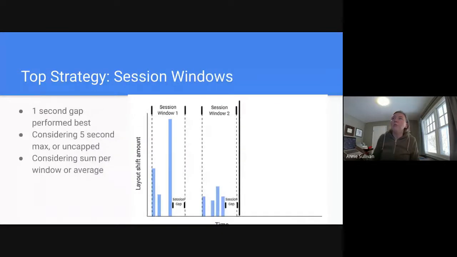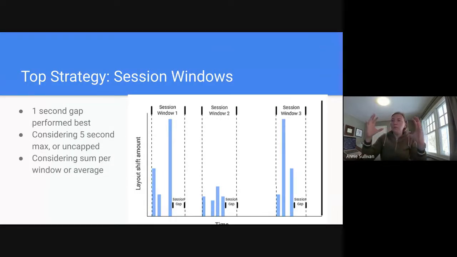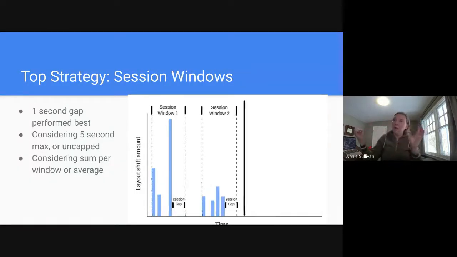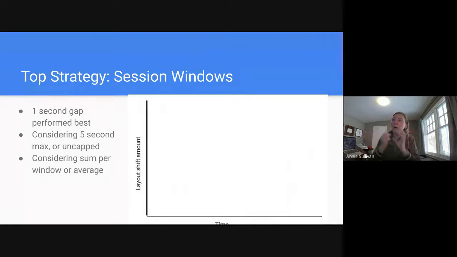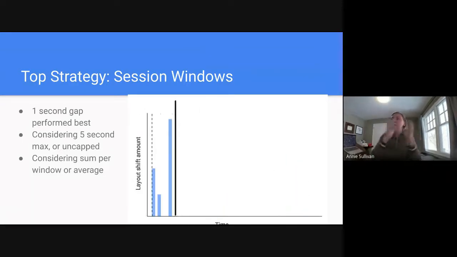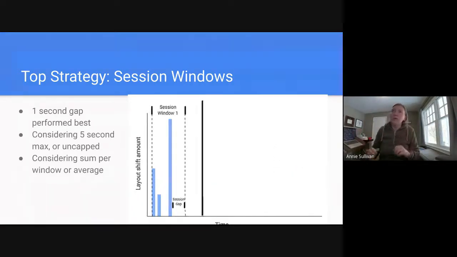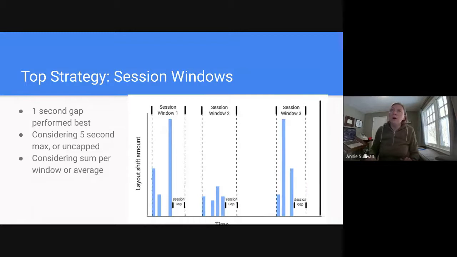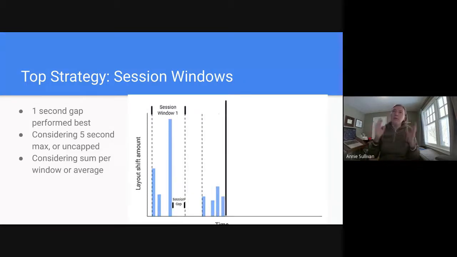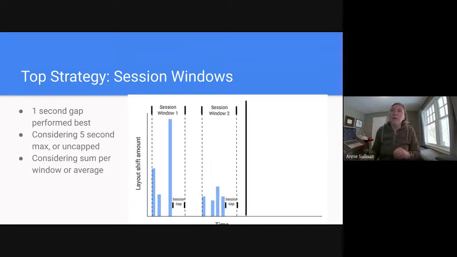And then this is actually a session window. It basically bubbles as you have layout shifts to contain them until it hits a gap. We found that a gap of a second was best. You can see this illustration breaks the layout shifts into 3 separate groups. We're considering either capping it at 5 seconds or letting it grow uncapped, but it would stop when there's a gap.